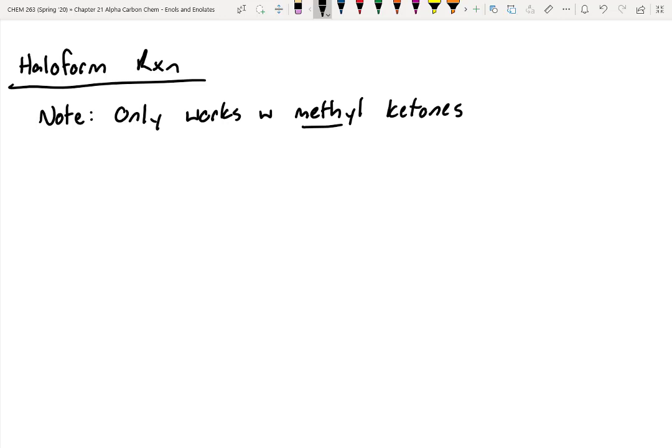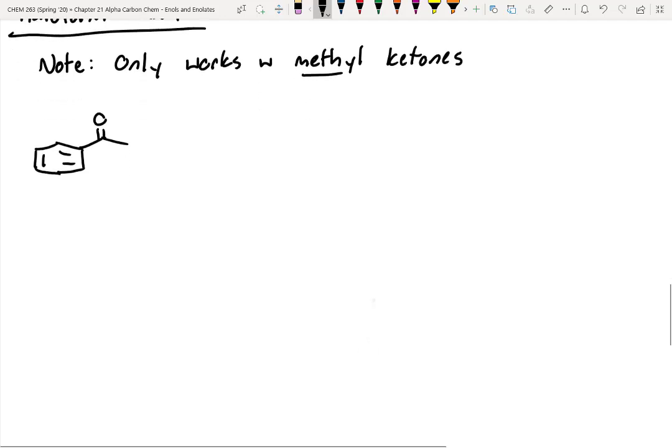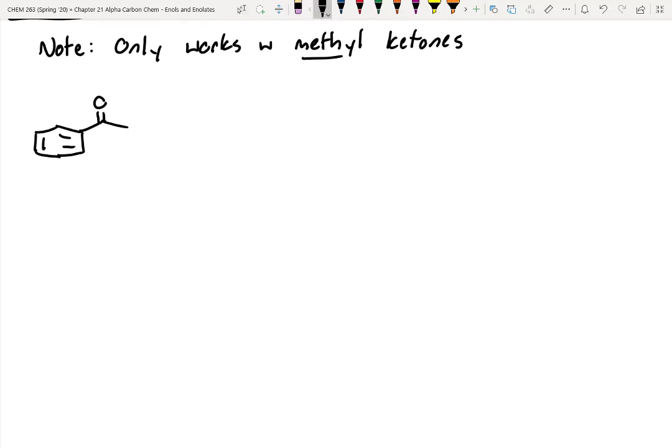Okay, so I'm going to use the example we did in lab, where if you remember in our multi-step synthesis, we started out with acetophenone, and acetophenone really only has alpha protons coming off of this side, right?